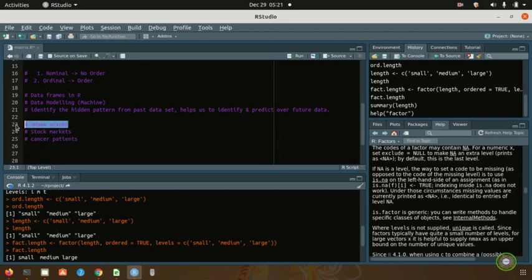For house prices, what's the house price in New York over the last, say, 5 years, and we're going to predict what the house price is going to be in the future.